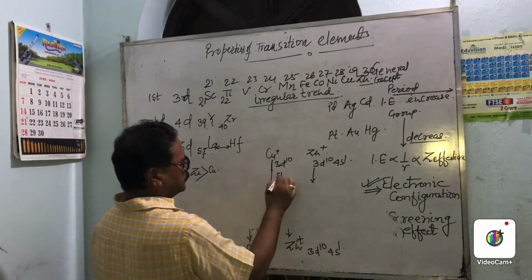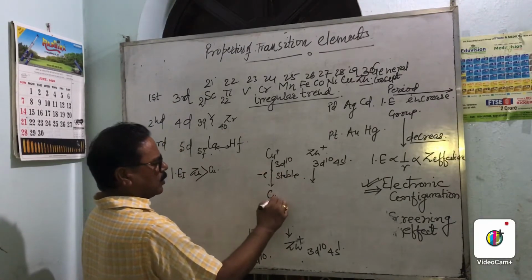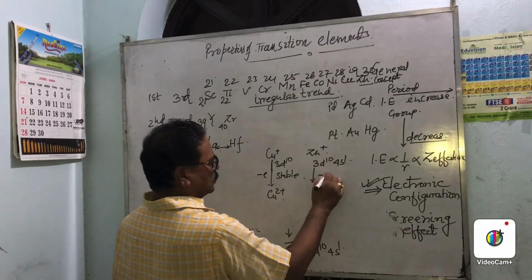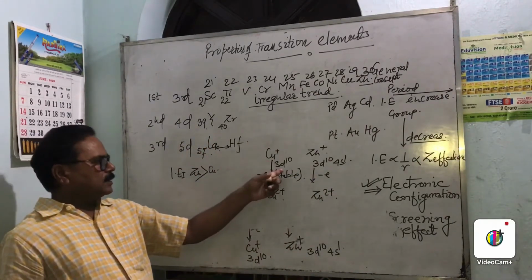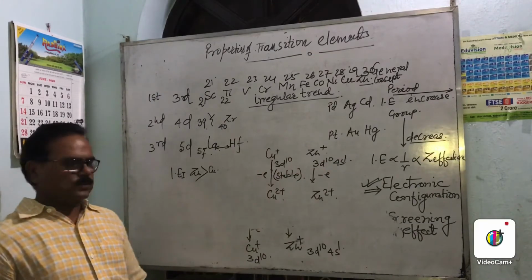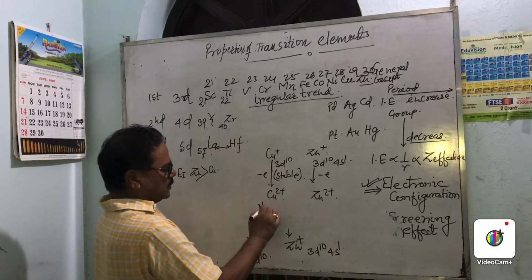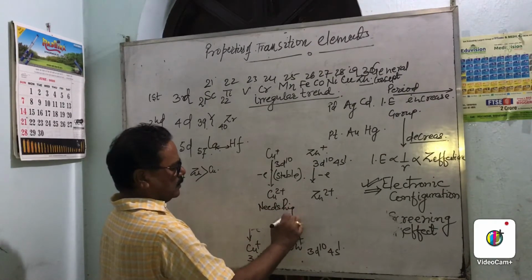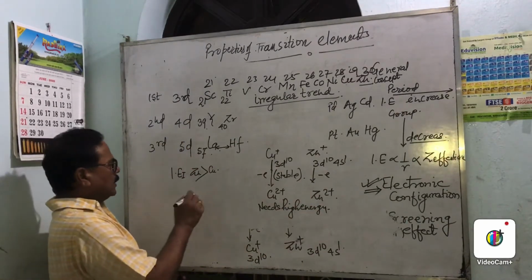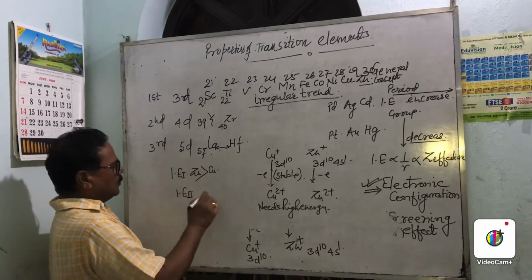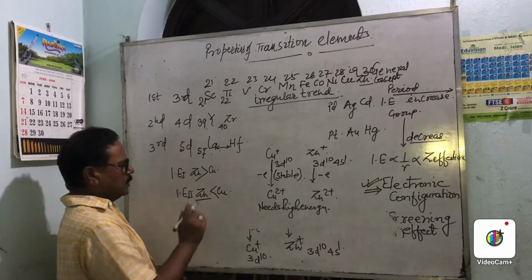When we remove one electron to form the Cu2+ ion, that is stable, 3d10, and for Zn2+ ion, the configuration is 3d10 with 4s1 removed. Again, to remove the second electron from copper, it needs high energy. That's why we say the second ionization energy of copper is greater than that of zinc.